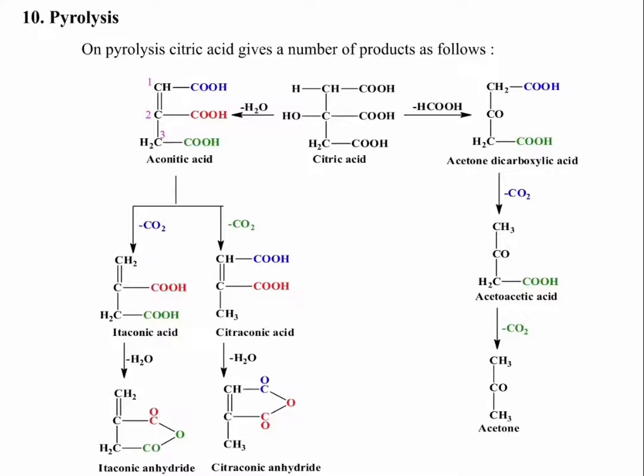First, decarboxylation occurs at the first carbon to form itaconic acid. Suppose the decarboxylation takes place at the third carbon atom to form citraconic acid. Both undergo dehydration to form the corresponding anhydride. Itaconic acid forms itaconic anhydride, and citraconic acid forms citraconic anhydride.